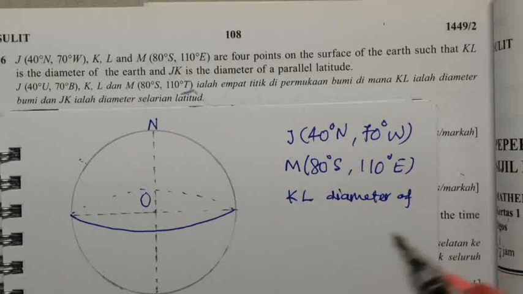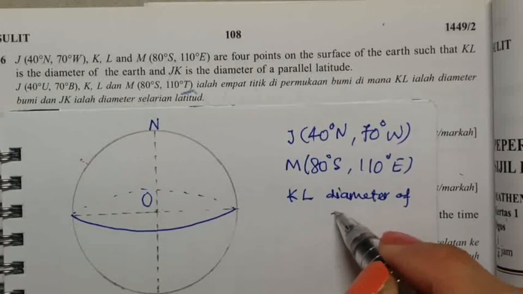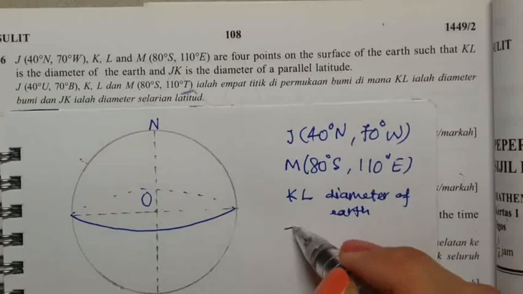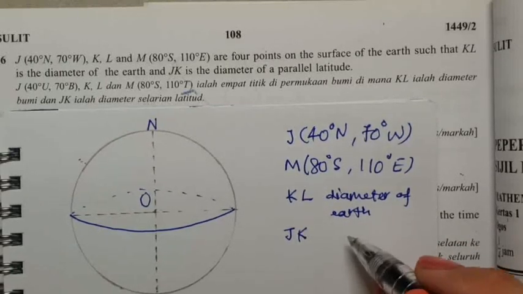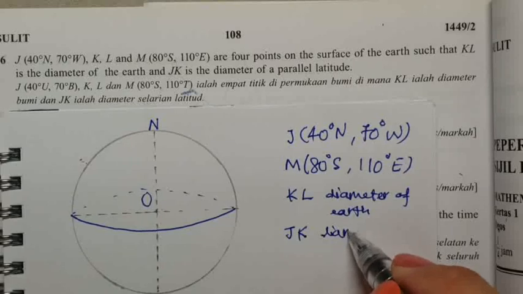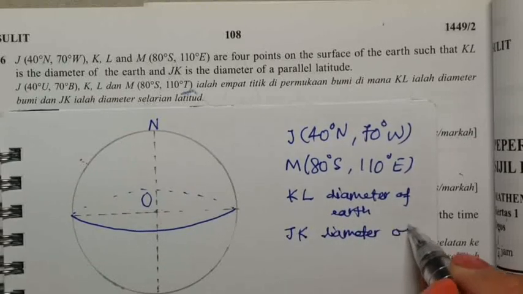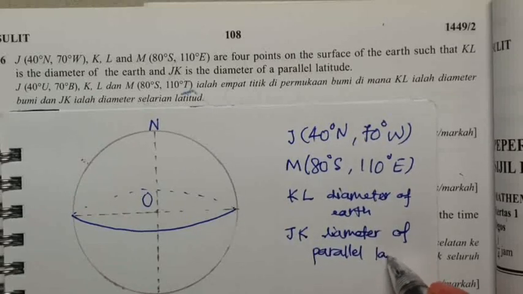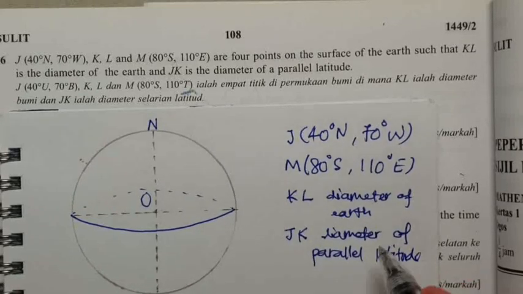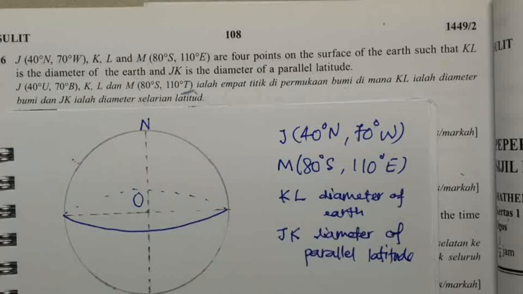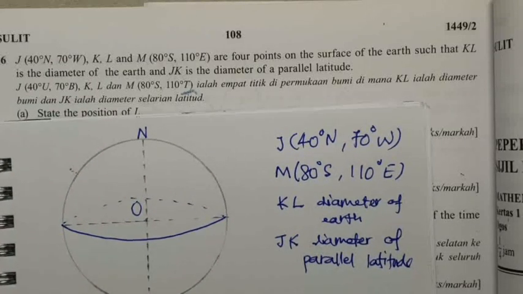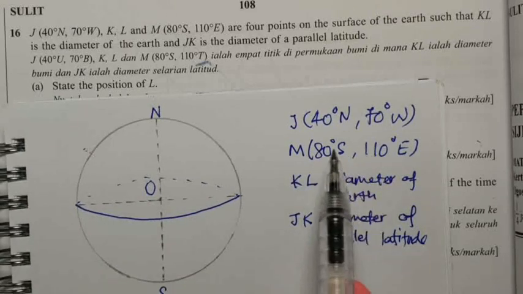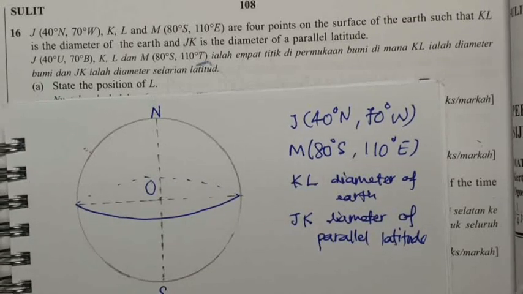That means they are right at the opposite ends of the earth. J to K is the diameter of a parallel of latitude, the shorter diameter of the shorter circle. With this, we need to state the position of L. Let's put this information into our diagram first.